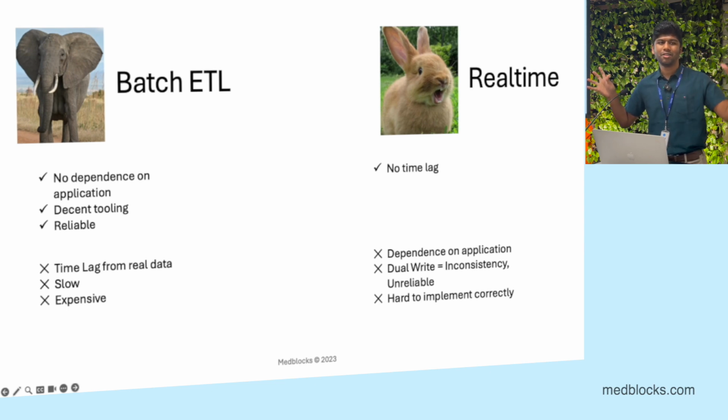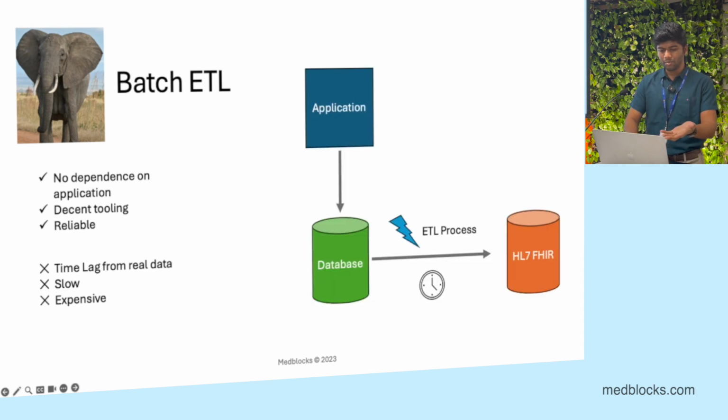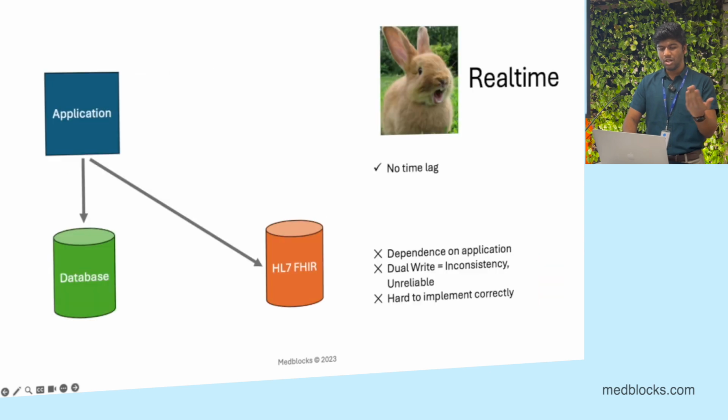I have an application, it's already talking to a database, now it needs to push data to another format. The usual simplest solution, the Occam's razor solution, would be you make the application send data to two places at once, right?